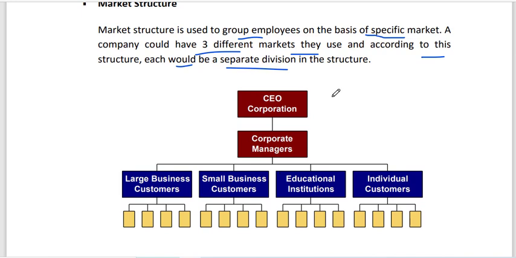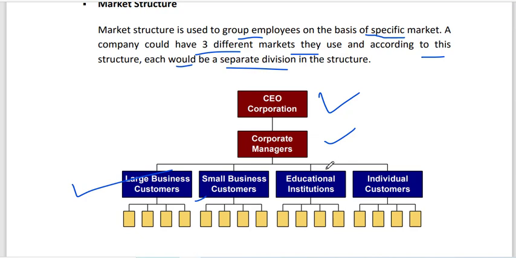Like this: CEO, corporate manager. Large business customers, which deal with large orders of your product, and small business customers, like small business shops, like this.